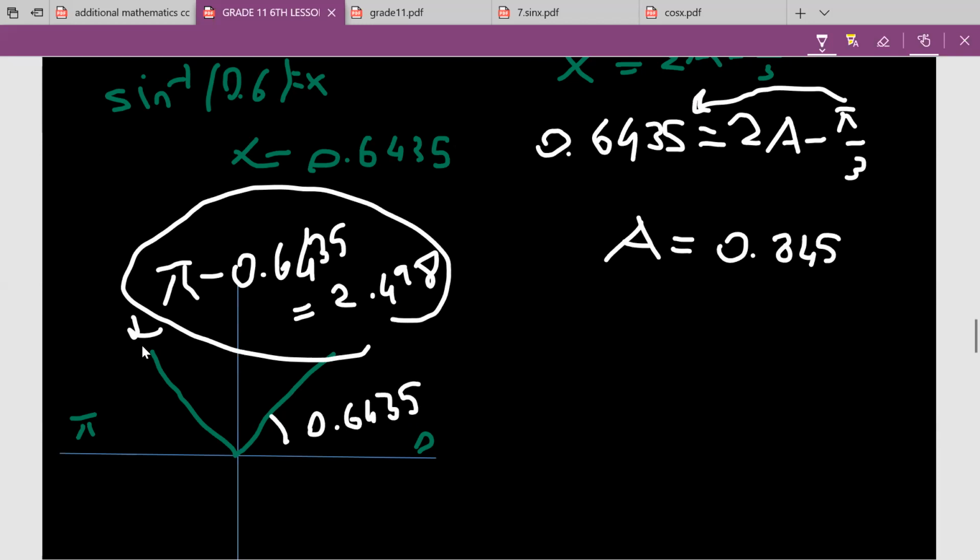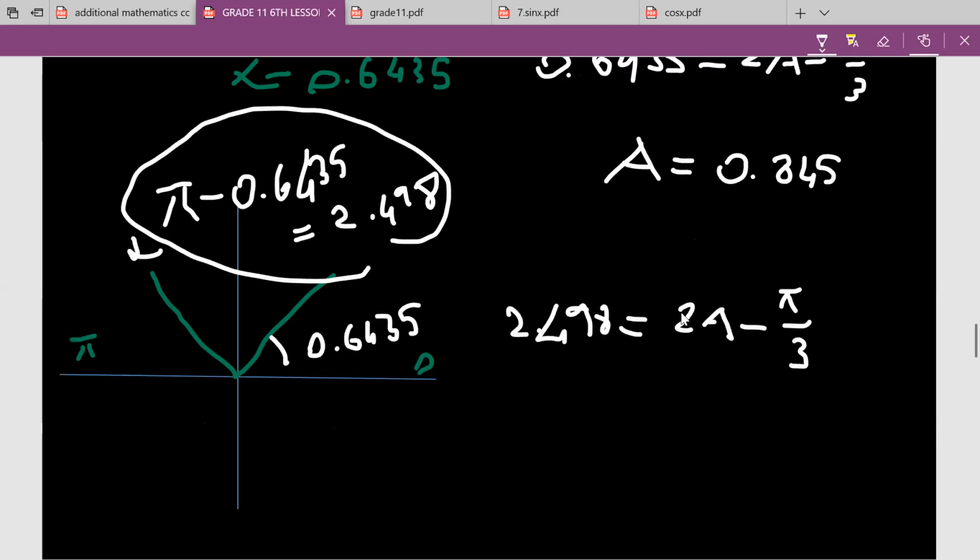But in the second quadrant, to find the value of the solution, we will subtract from pi. So 2.498 equals 2a minus pi over 3. I will solve the equation. I will isolate a. To find the value of a, I will take pi over 3 to the other side of the equation, and I will divide both sides by 2.